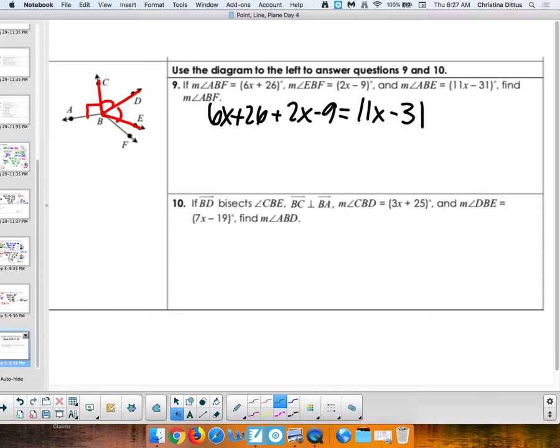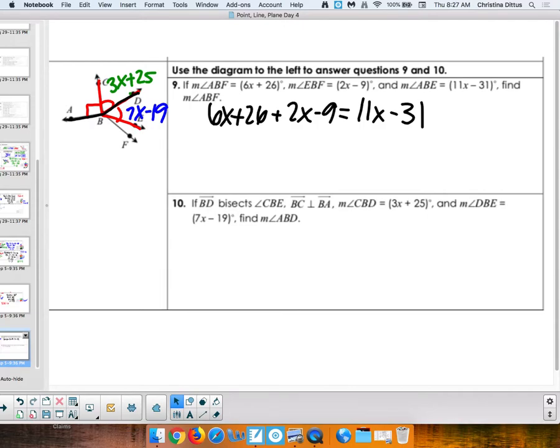Then it tells me CBD right here is 3x plus 25, and DBE is 7x minus 19. I need to find ABD, that angle right there.